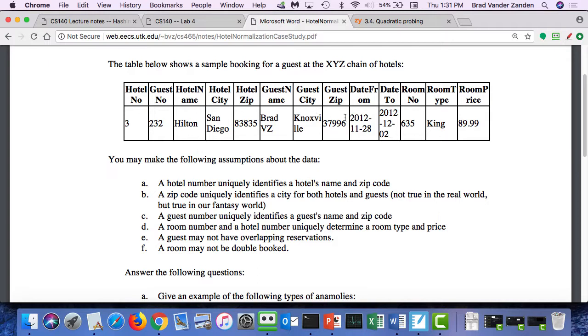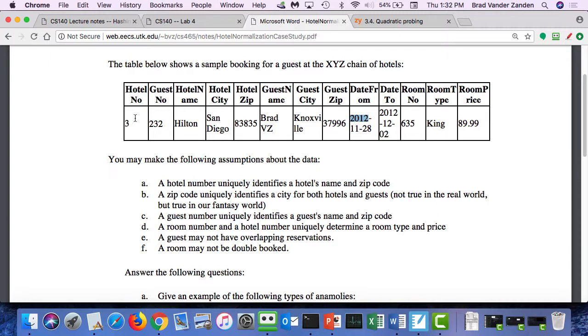Insert, I think what I said is if I change the primary key from guest number to hotel number and room number. So there's two different primary keys I can actually use for a reservation. One of them I can use the guest number and the date as the primary key because guests cannot have overlapping reservations.